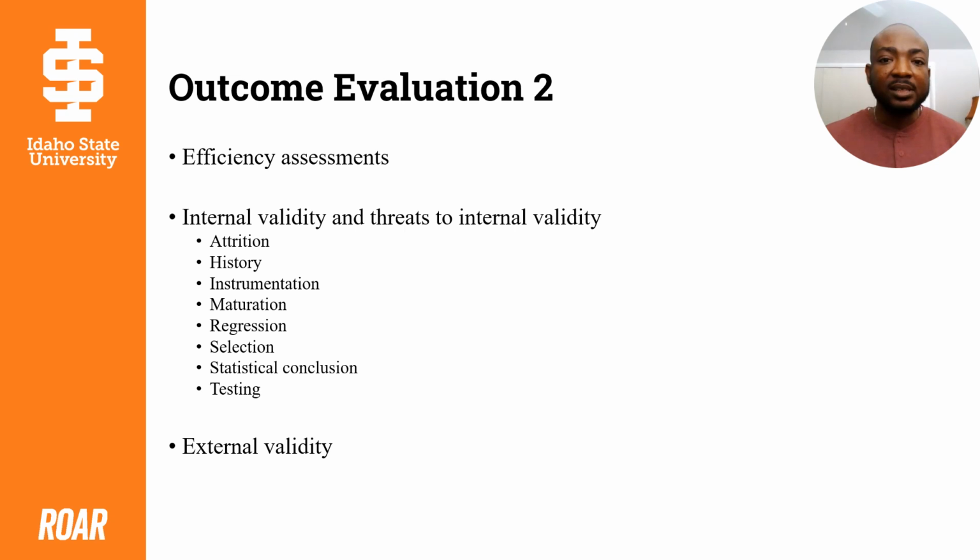The factors that prevent or limit an evaluator's confidence that the initiative caused the effects or the outcome are referred to as threats to internal validity. And we'll look at some of the most frequent threats to internal validity.